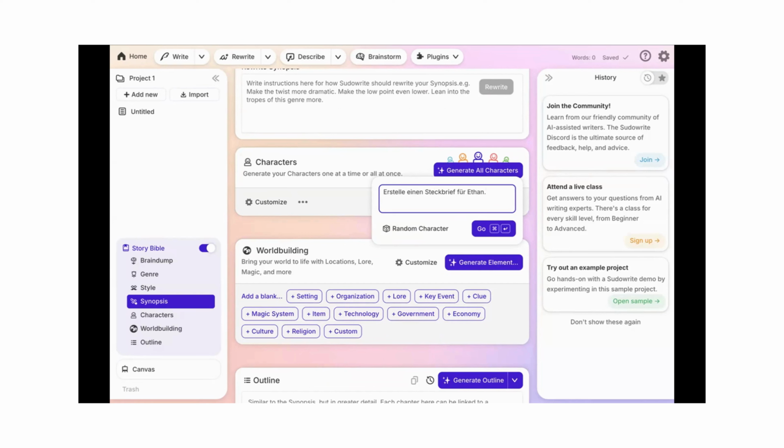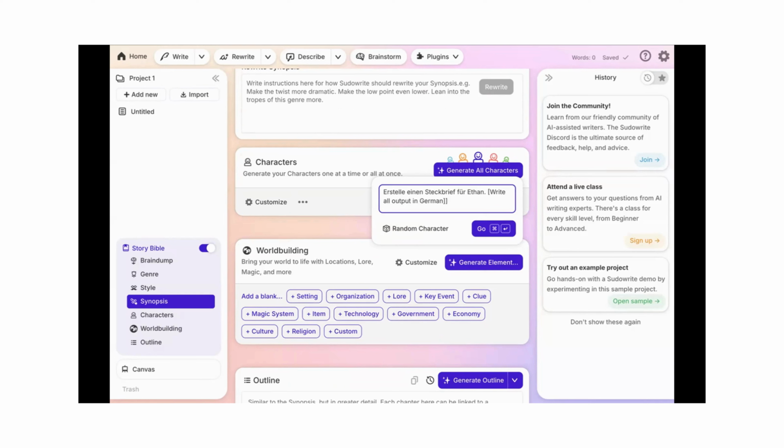This is basically create a character card for Ethan in German. And to make sure, I always have to look that I hit them. I thought I'll put in German.